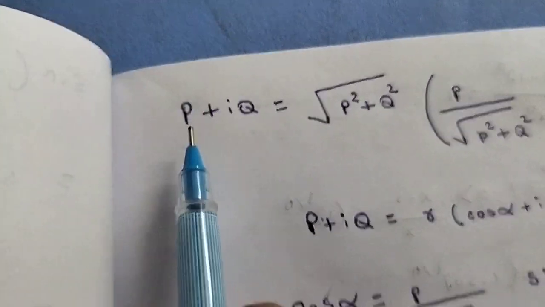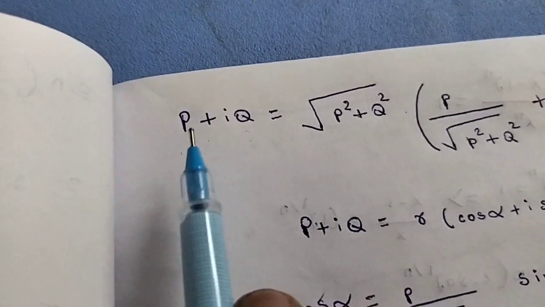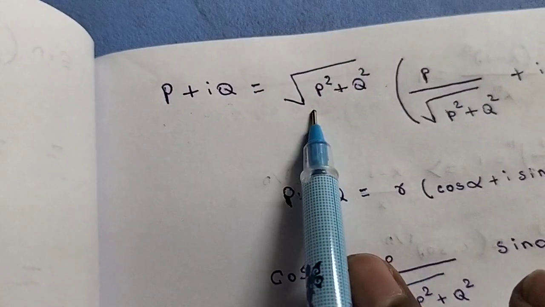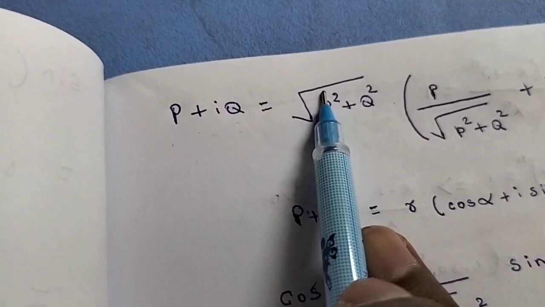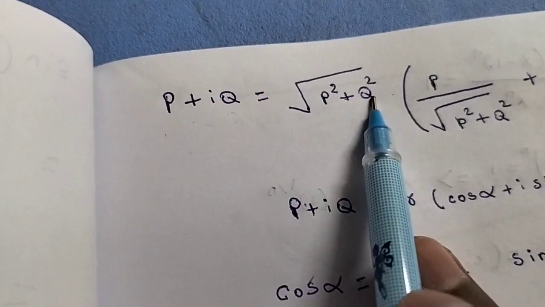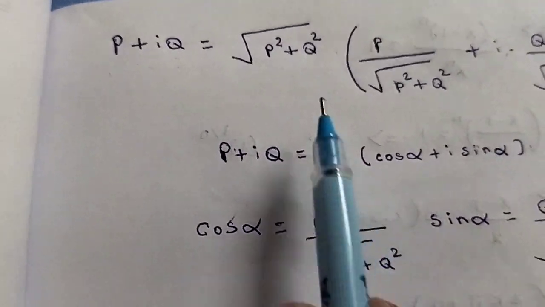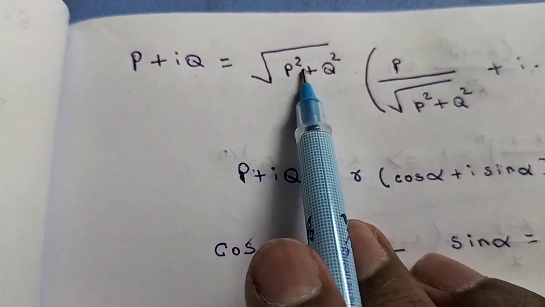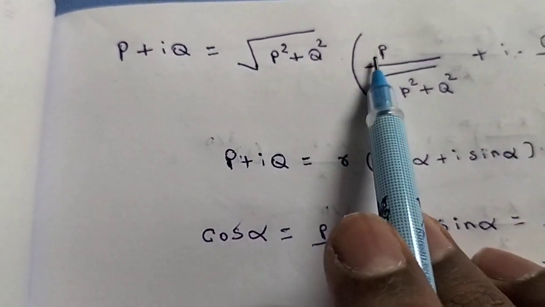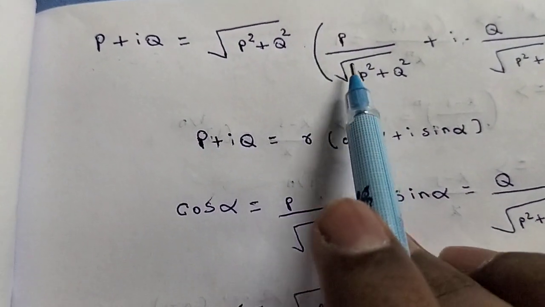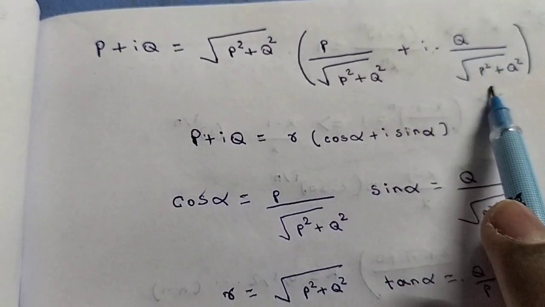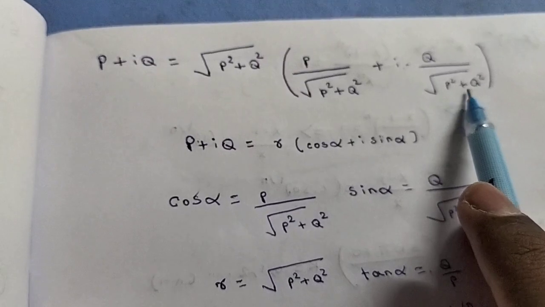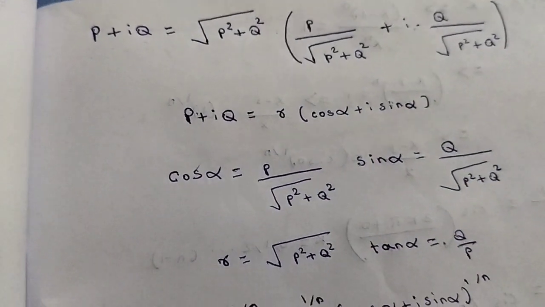First I took p + iq, and what I did is I multiplied and divided by the square root of p² + q². So here, multiplied with the square root of p² + q², into p by the square root of p² + q² plus i into q by the square root of p² + q².